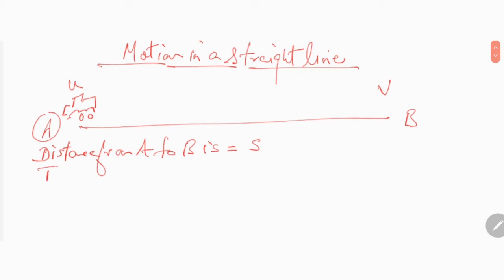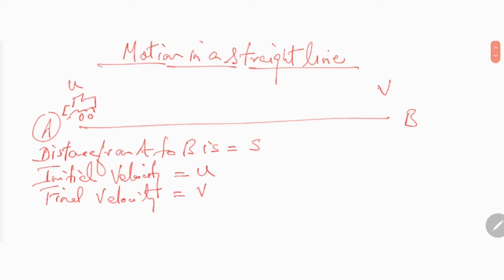So initial velocity is equal to u and final velocity is equal to v.